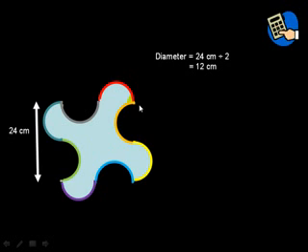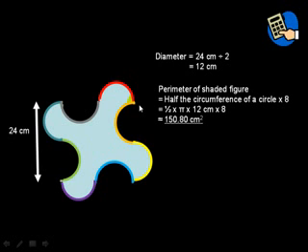The diameter is 12 centimeters. The perimeter of the shaded figure is half times pi times 12 cm. This gives me half the circumference of a circle, and there are 8 of them, so I multiply by 8. And the final answer is 150.80 centimeters, rounded off to 2 decimal places.